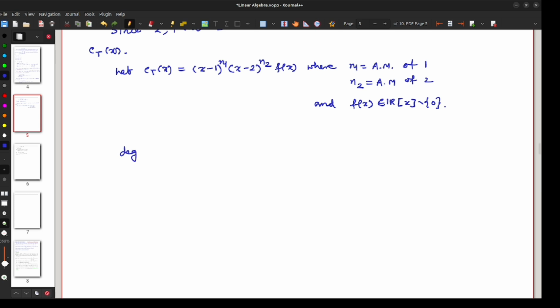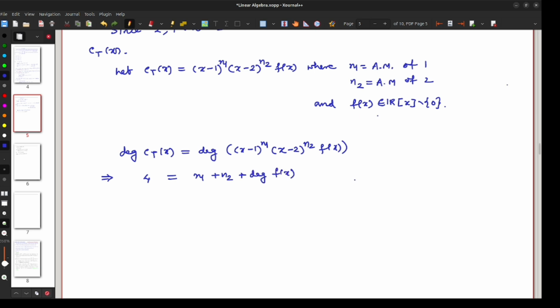So degree of C_T(x) equals degree of (x minus 1) to the power n1, (x minus 2) to the power n2 into f(x), which implies degree of C_T(x) is 4 and the degree of the polynomial on the right is n1 plus n2 plus degree of f(x).